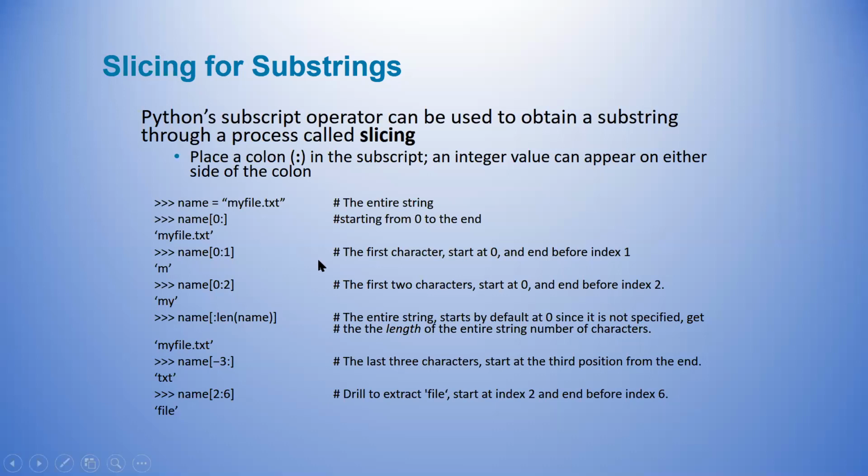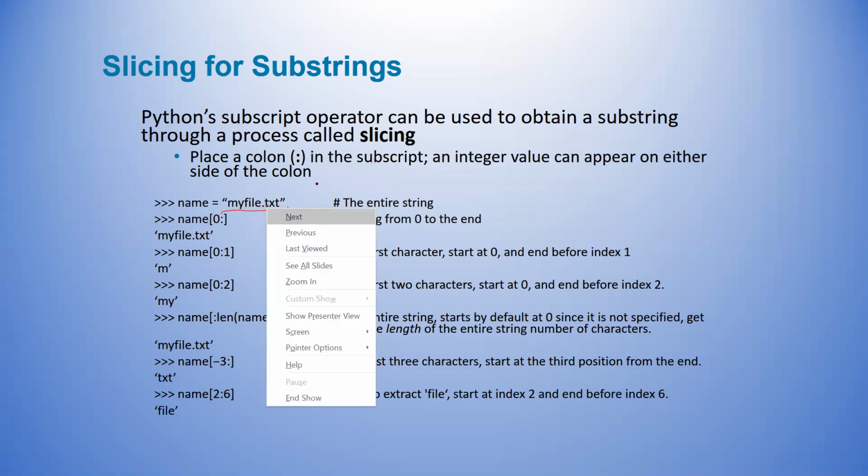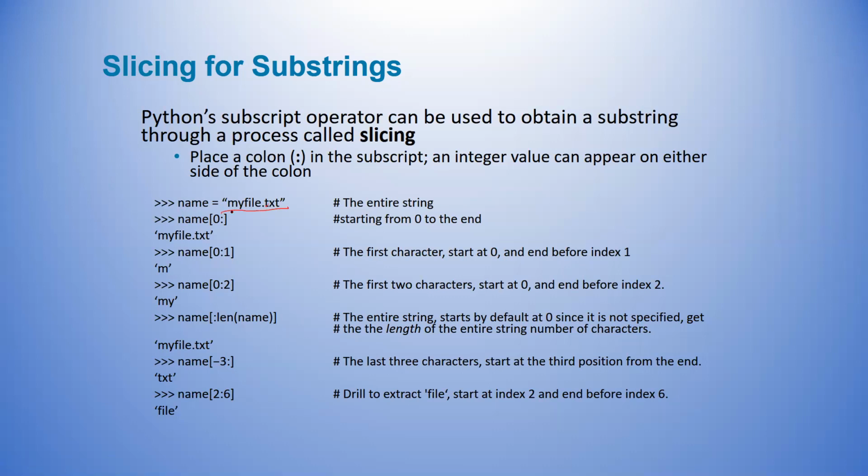Let's go back and look at this one. Just be ready, I'm going to call on everybody. So name, this is the string, right? And this dot is a character, everybody. A space is a character, a dot is a character, as long as it's within the double quotes.